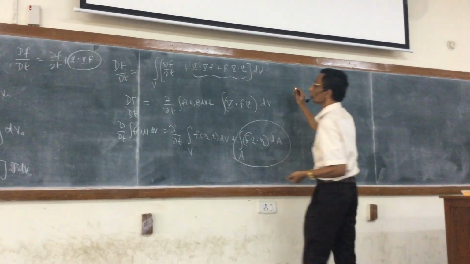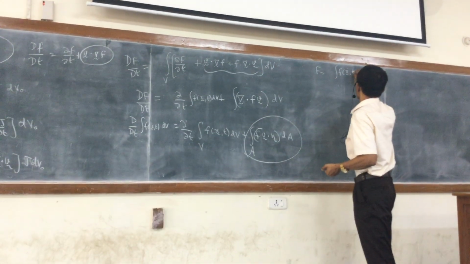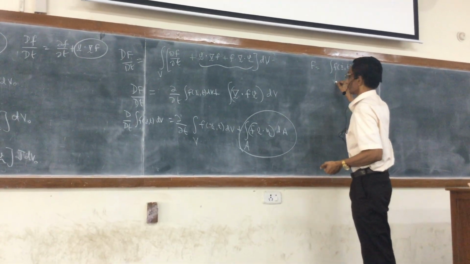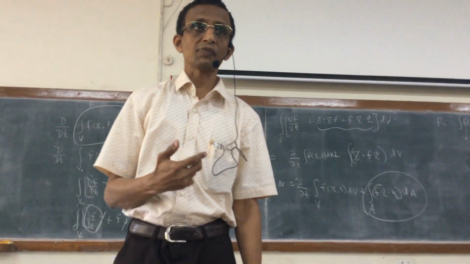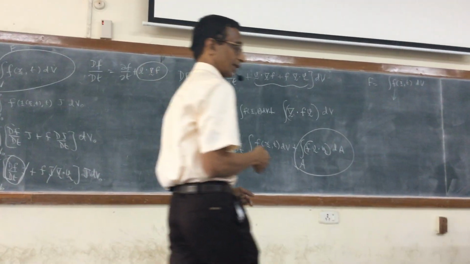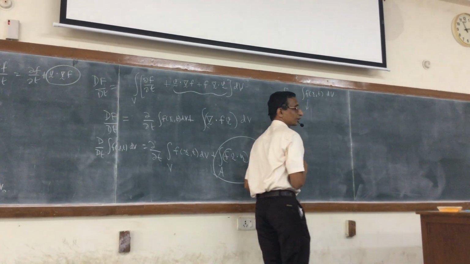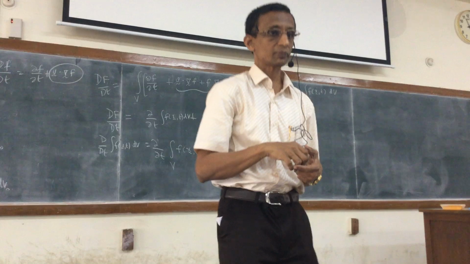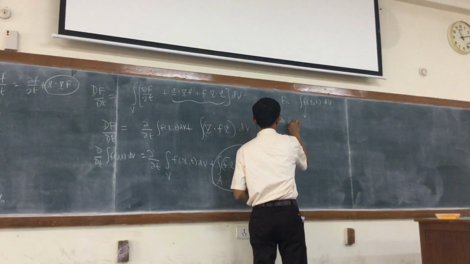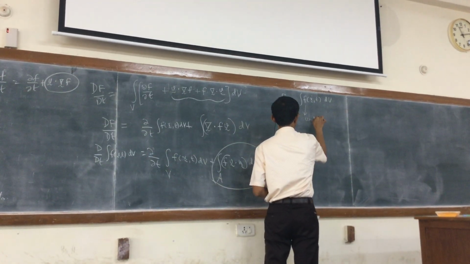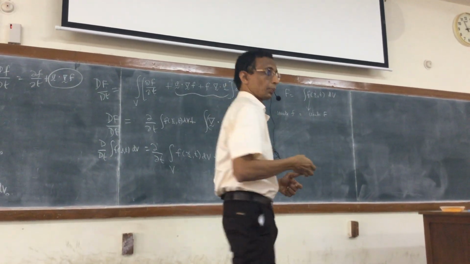Because if we look at the units of the scalar function, the lowercase f, what are the units with respect to the units of capital F? The units of f are per unit volume.